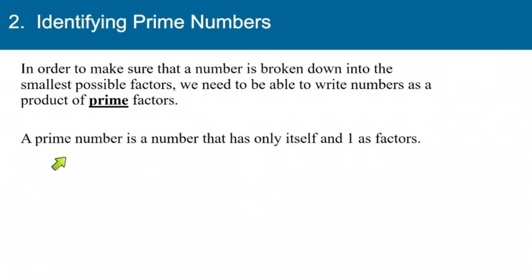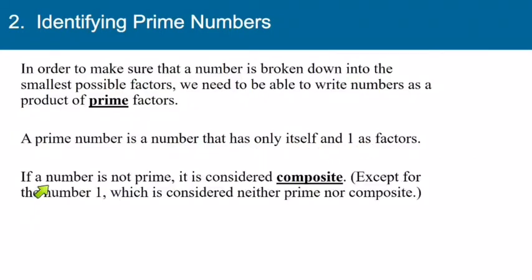A prime number is a number that has only itself and 1 as factors. Now, if a number is not prime, it's considered composite, except for the number 1, which is considered neither prime nor composite. All the other natural numbers that are larger than 1 are either considered prime or composite.